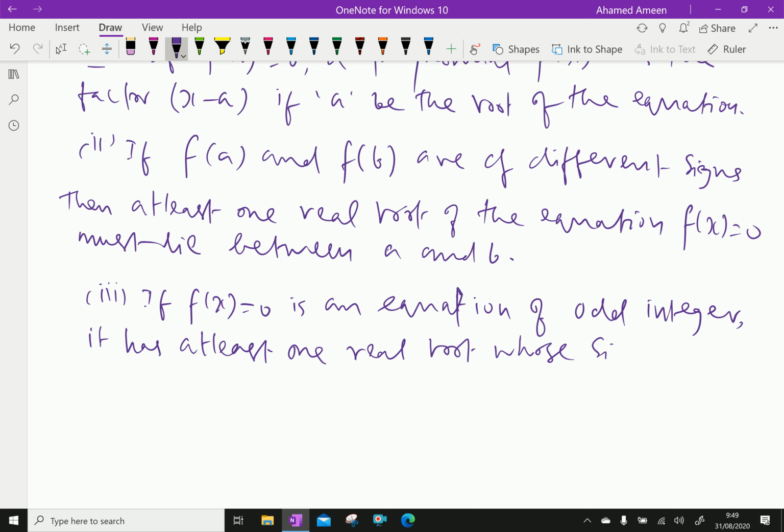Whose sign is opposite to that of the last term.